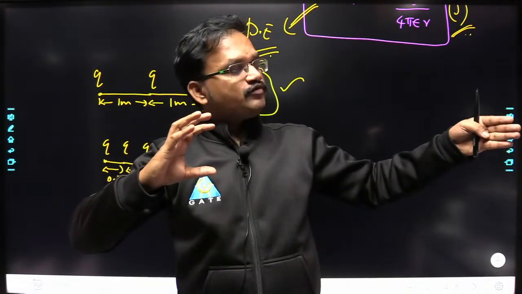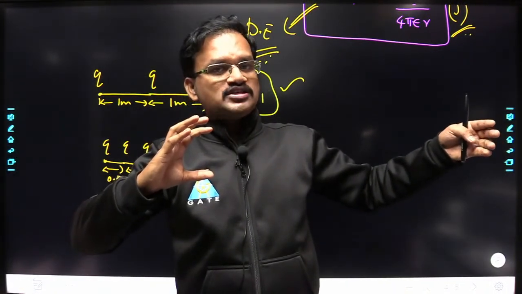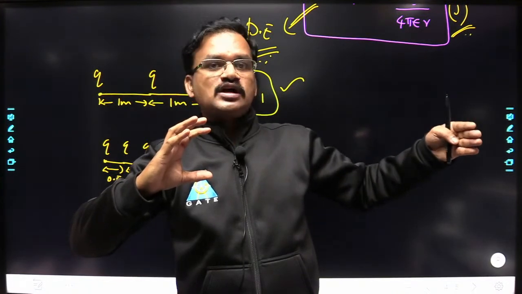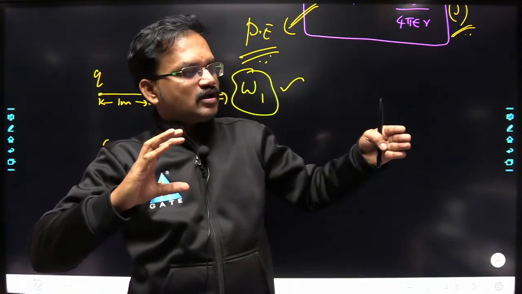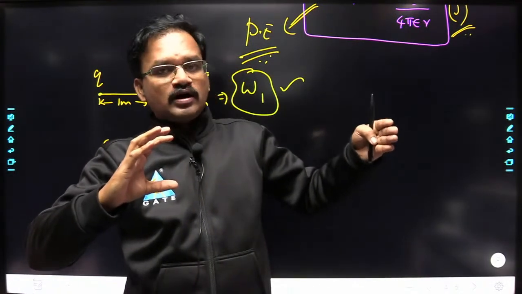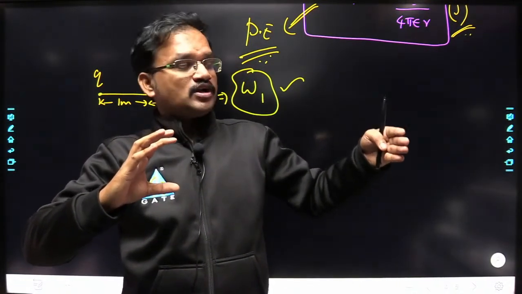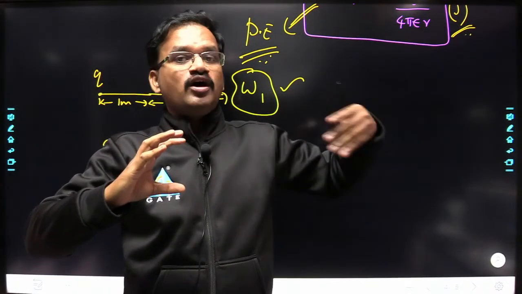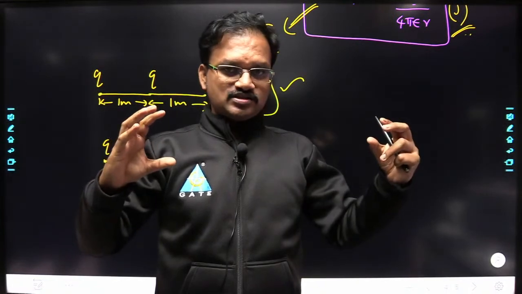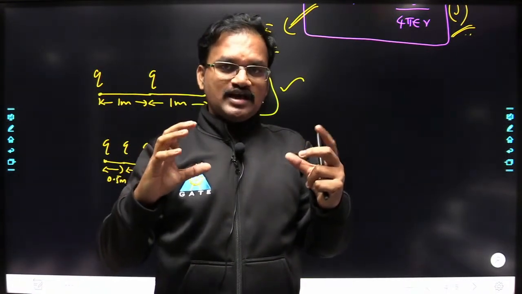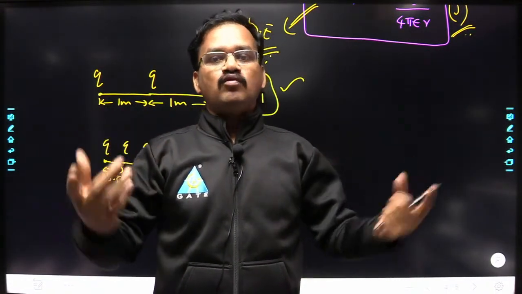Yes or no? So if I do more work, then the potential energy that develops is also going to be more. Yes or no? So if I move further and further, I have to do more and more work, and hence the potential energy in the system is going to increase. Understood? So if you want to place the charges very closely, then you have to do more and more work.